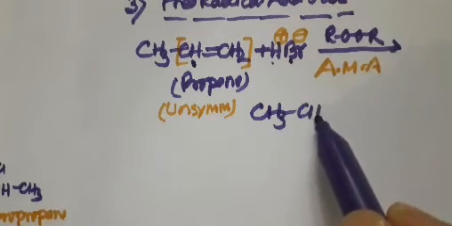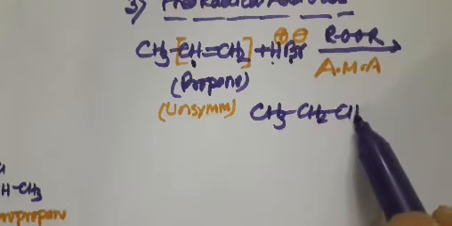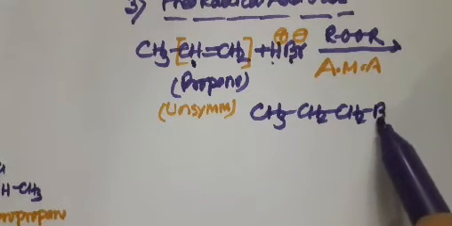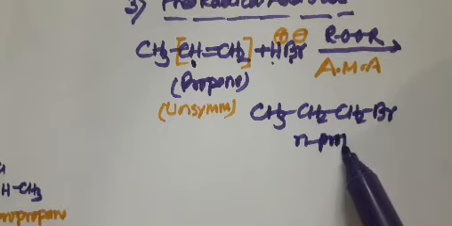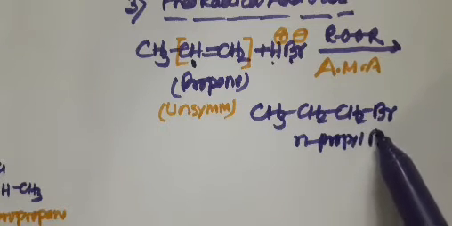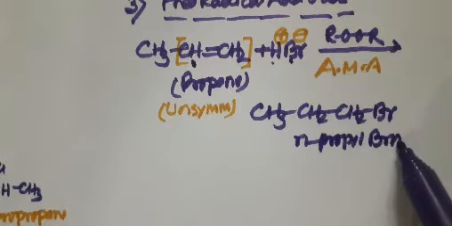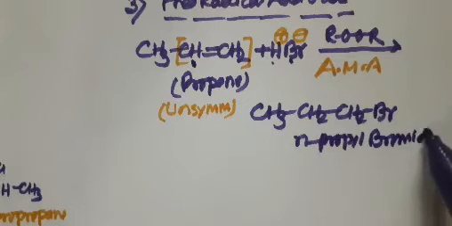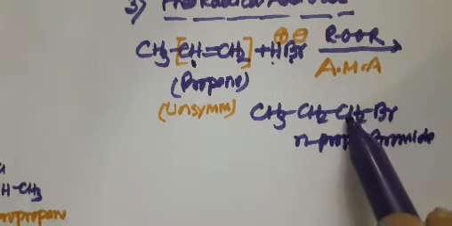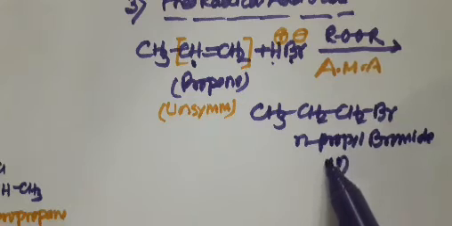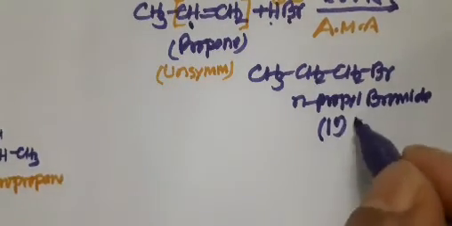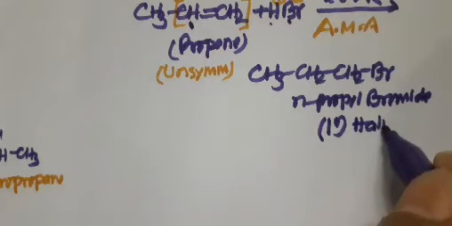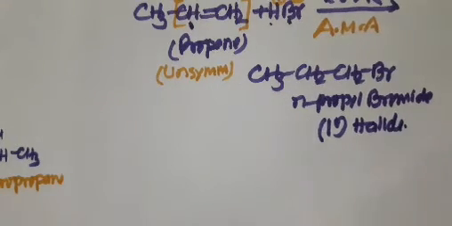So we have the product CH3 CH2 CH2 Br. This is n-propyl bromide. Br is attached to the CH2, so it is a 1 degree halide.